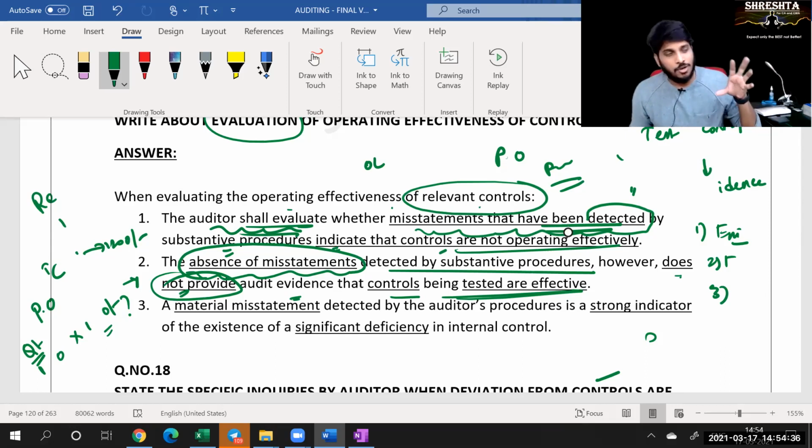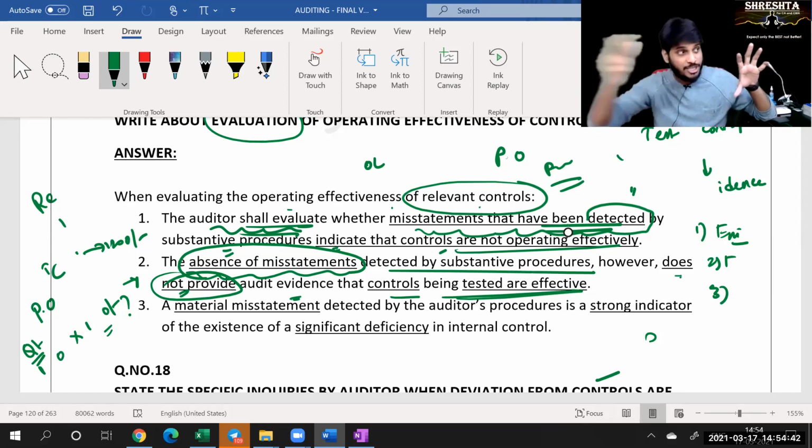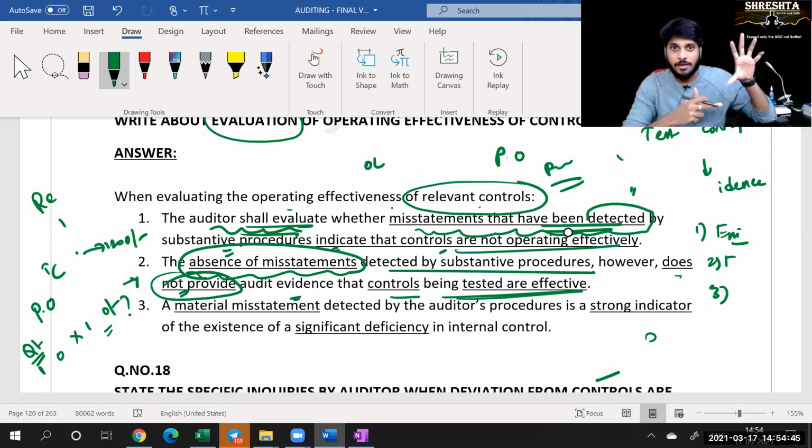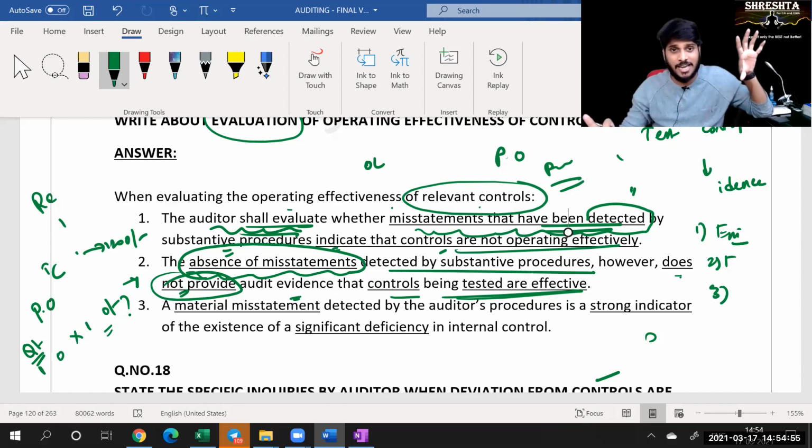Suppose I saw the process, controls are really effective, I selected a sample and checked with control every time, and it's exactly matching. In that case, I can say based on substantive procedures, controls are effective. If I don't do this kind of actual checking with the control process, reconciliation, I cannot say that because I did not find a mistake, control is effective.